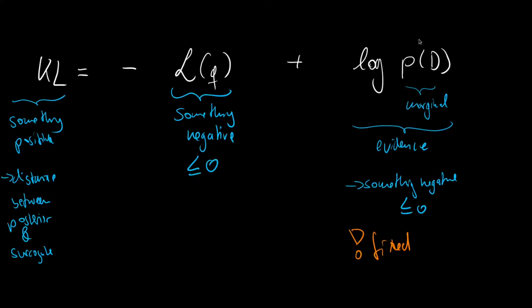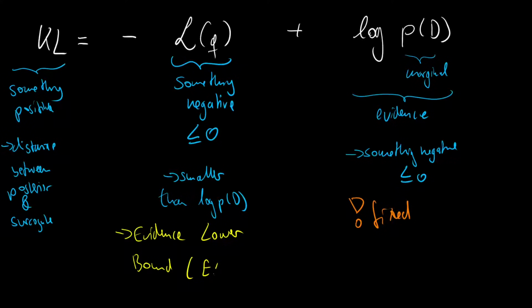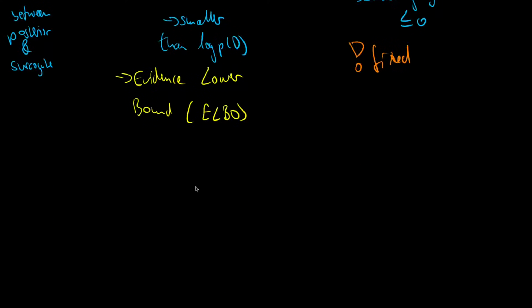We said that log P of D is the evidence, and this one is smaller than the evidence. We call this the lower bound of the evidence, the evidence lower bound, the ELBO, which is just a shorthand notation for this. Let us note down the ELBO once again, because it is really important.